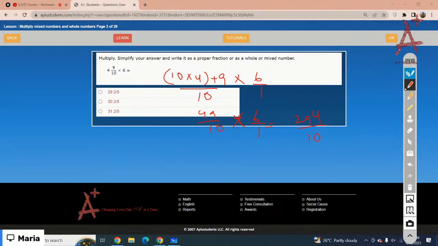When you divide them, the correct option is 29 whole 2 over 5. That would be option number 1. Got it? So the correct option is option number 1.